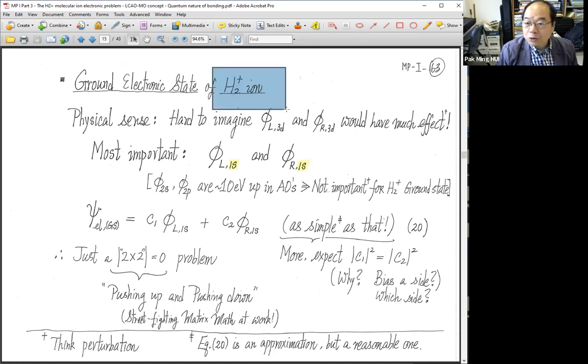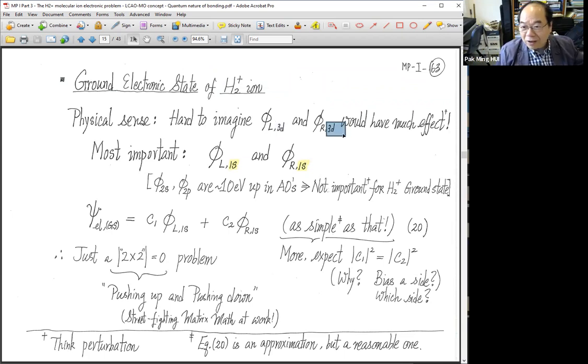For our problem, H2+, 1 electron binding 2 protons, we usually are looking for the ground state, the lowest energy state of this combination, this molecular ion. So it is hard to imagine what the higher atomic states will be doing in this bonding.